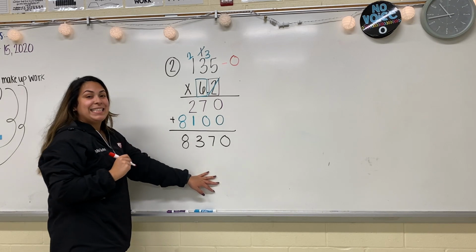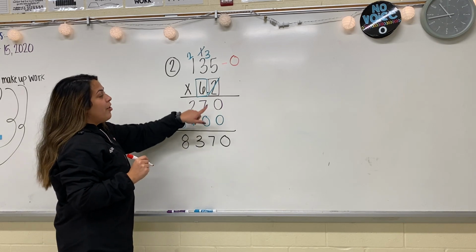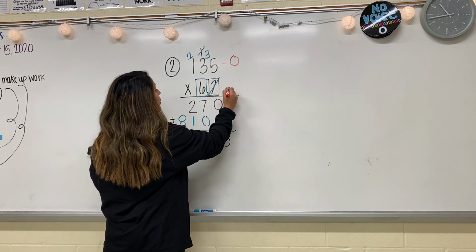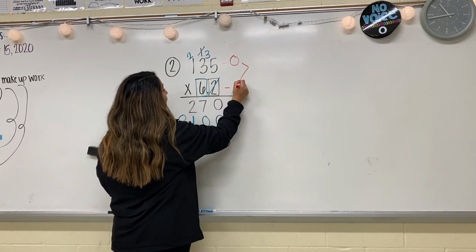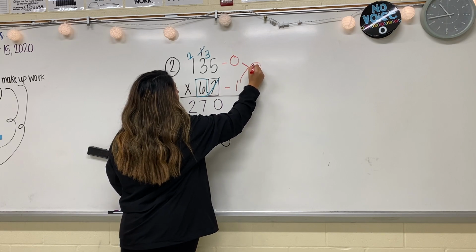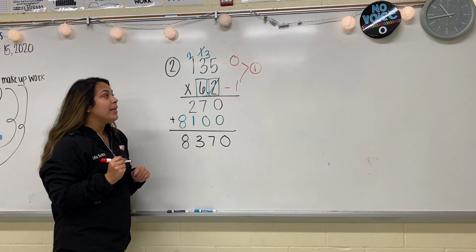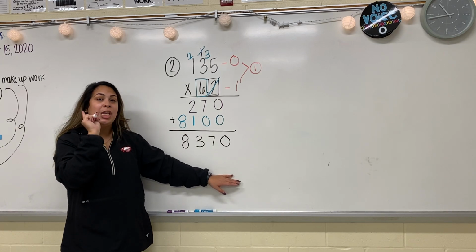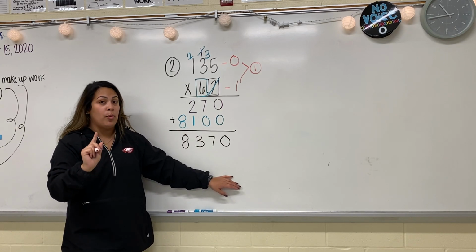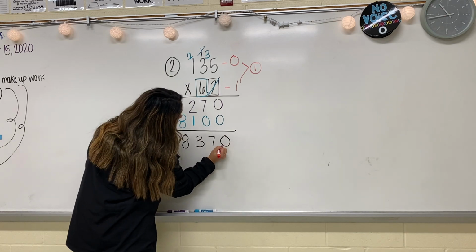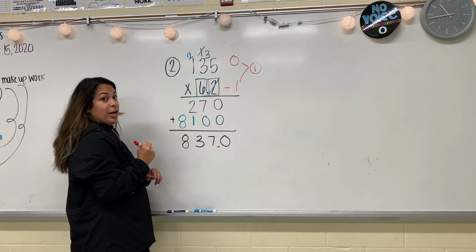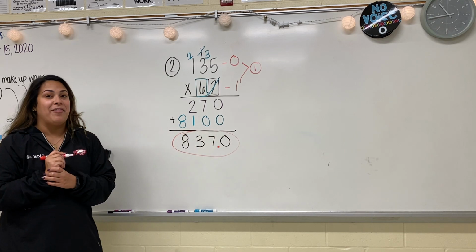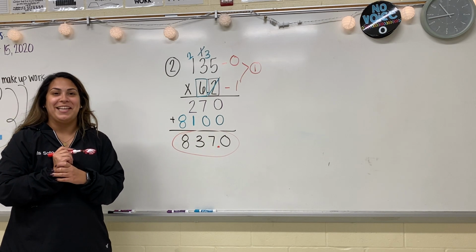But then when I look at 6 2/10, there is 1 digit behind the decimal point, so I'm going to put 1, add those together, and that tells me that in my answer, I only need 1 number behind the decimal point. So it will go right here in front of the 0. So our answer is 837 and 0/10.